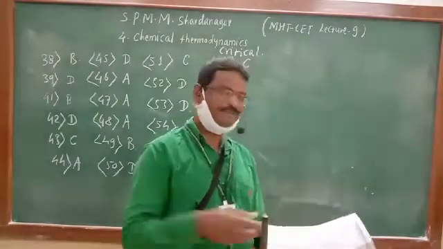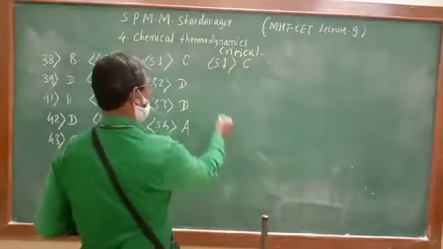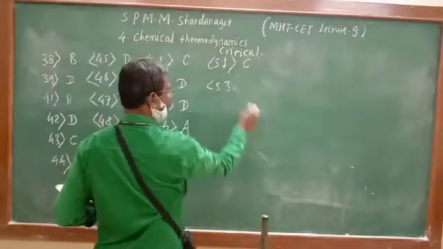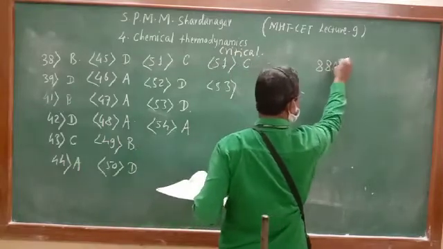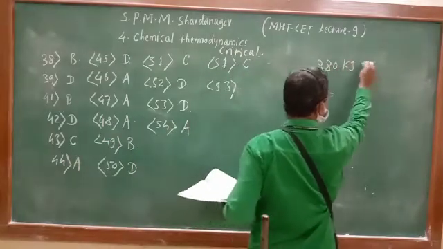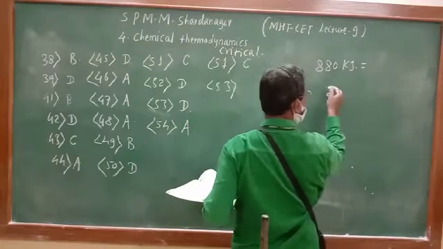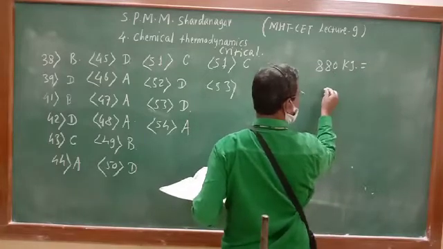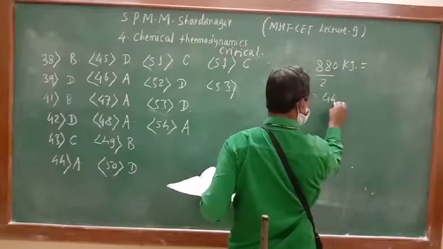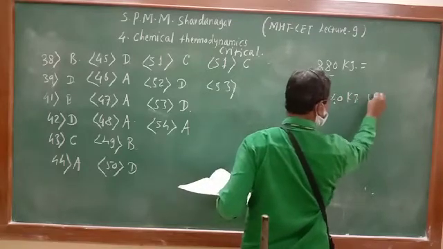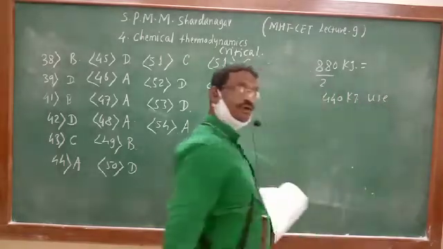He utilizes 50% of that. 50% means divided by 2. So he is using 440 kilojoule of energy.